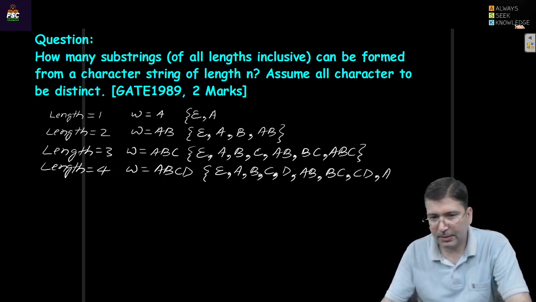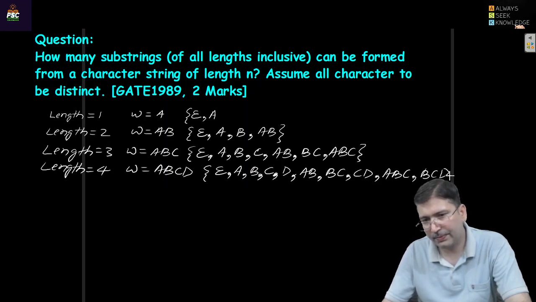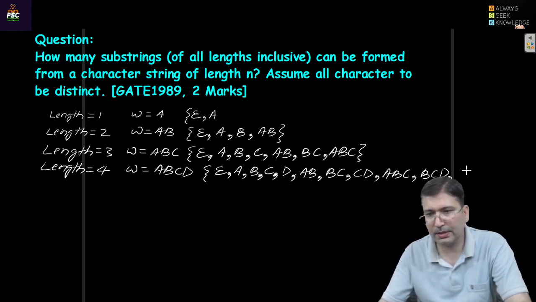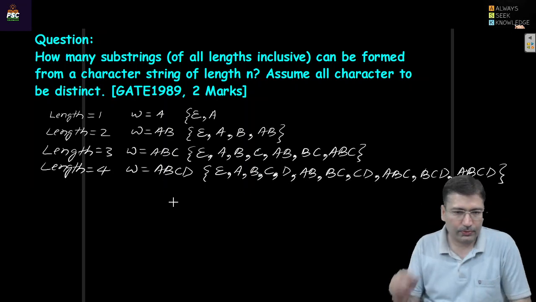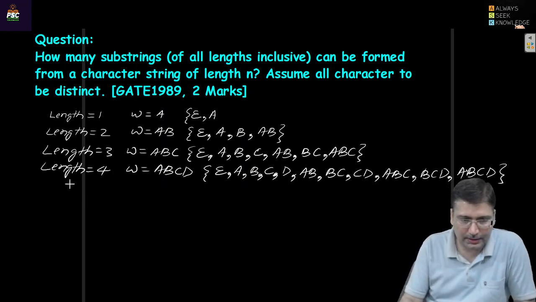Then 3 length abc, bcd, and then 4 length abcd. So this much is sufficient to find out for n length.